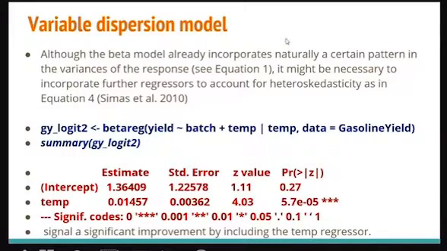Although the beta model already incorporates naturally a certain pattern in the variances of the response, because let me tell you this, the conventional assumption of linear regression, constant variance, is violated, and the statistical architecture of a beta regression has already incorporated the fact that there's going to be a violation of constant variance.